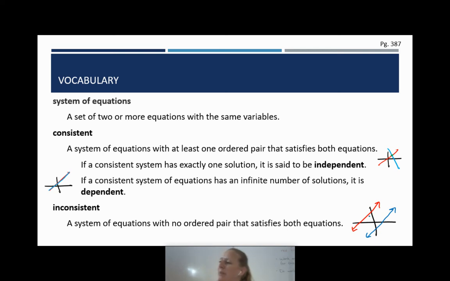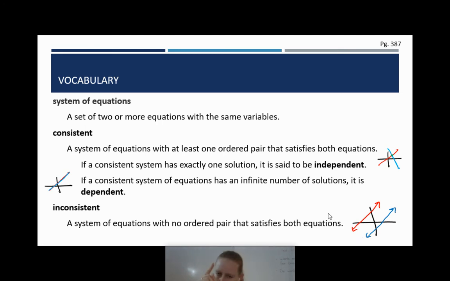If you have parallel lines, there's no solution. The solution to a system of equations is where they intersect, where they meet up. If my lines are parallel, they don't meet up. There's no solution because it has to be something that works for both of them, and there's nothing that works for both. Boom. So we say that that is an inconsistent system.